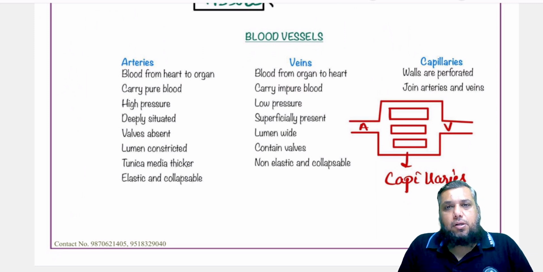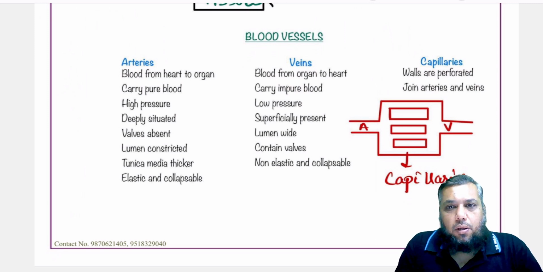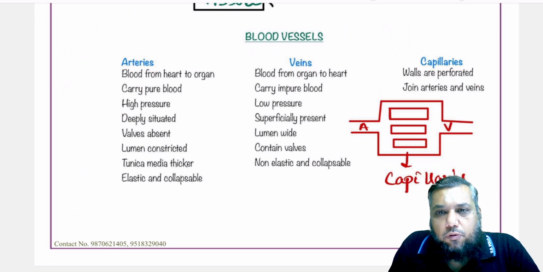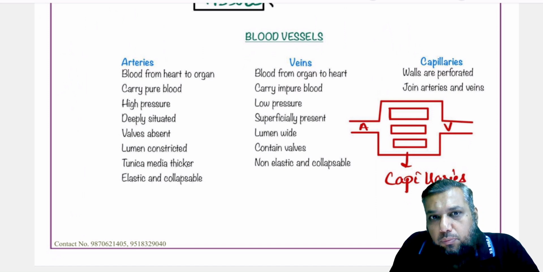To aid the double circulation, the human circulatory system shows the presence of many different types of blood vessels. And here we are going to speak about the three main types, that is the arteries, veins, and the capillaries. So, what is the definition of an artery? An artery is a blood vessel that carries the blood away from the heart.